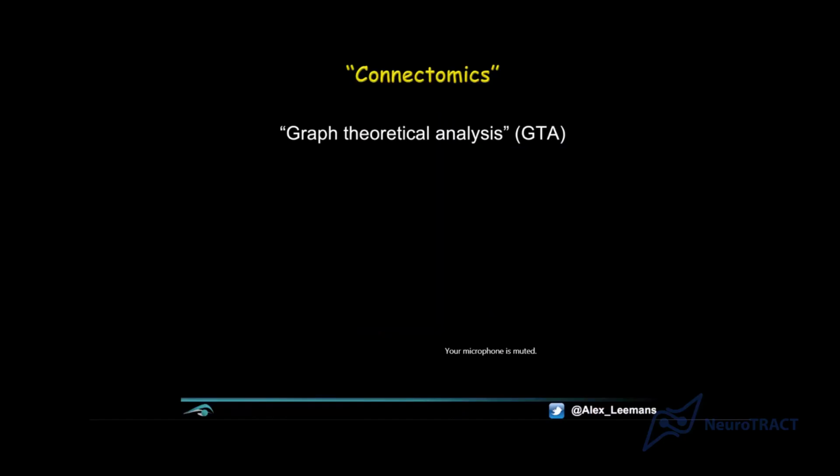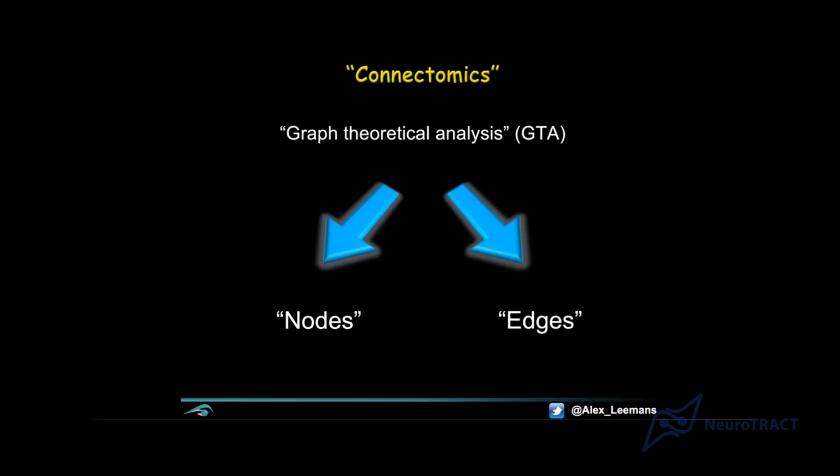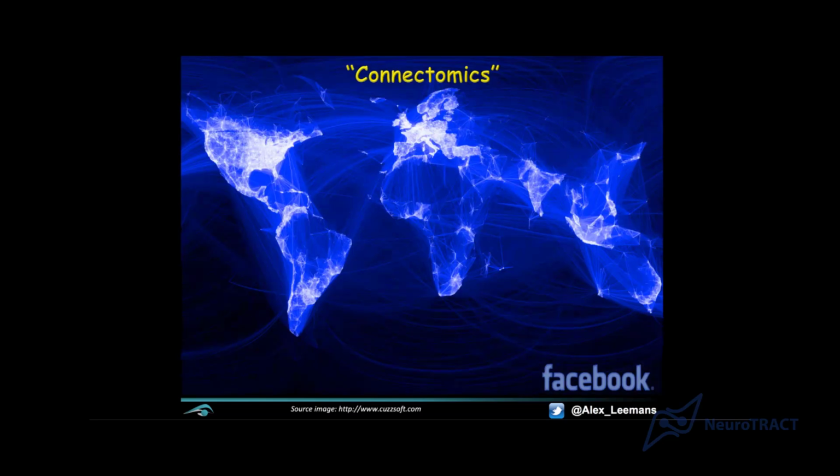So how does it work? I'll give you a theoretical overview. Connectomics, you can think of it as a graph theory analysis. Those of you who are familiar with graphs know they consist of nodes and edges. These are an abstract representation of a graph. There are graphs everywhere, right?